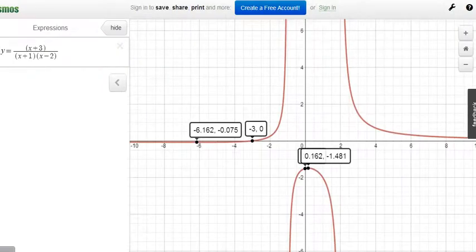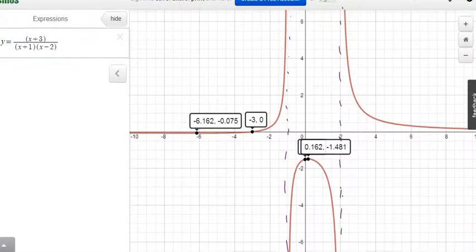So where are the asymptotes? Right there and right there. Okay, so x equals negative 1, x equals 2.